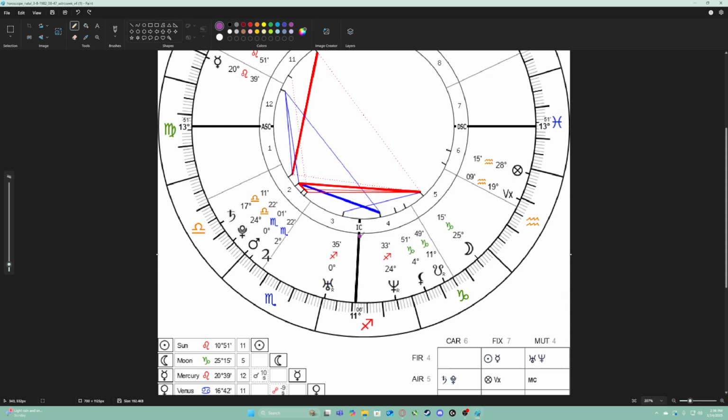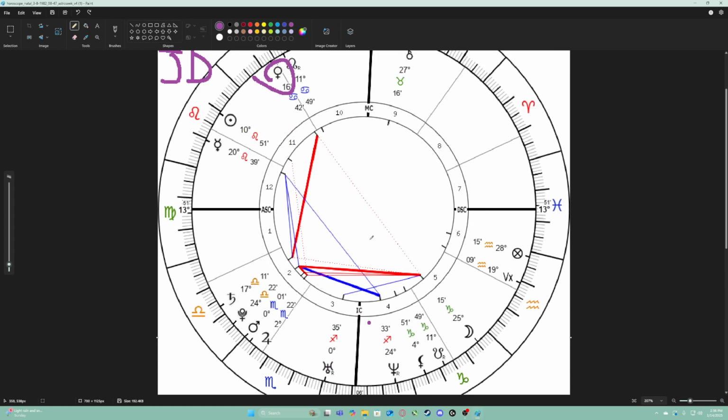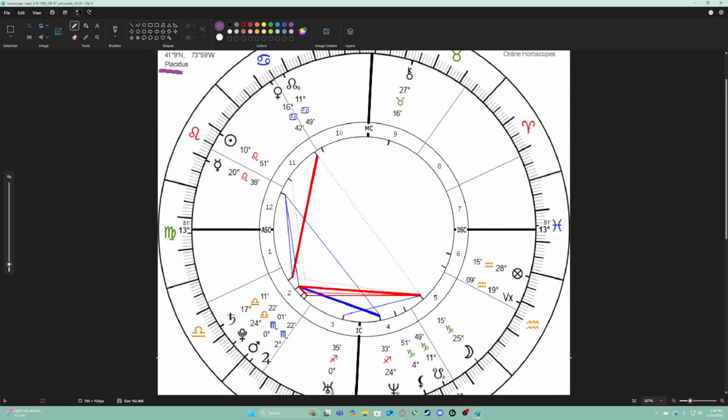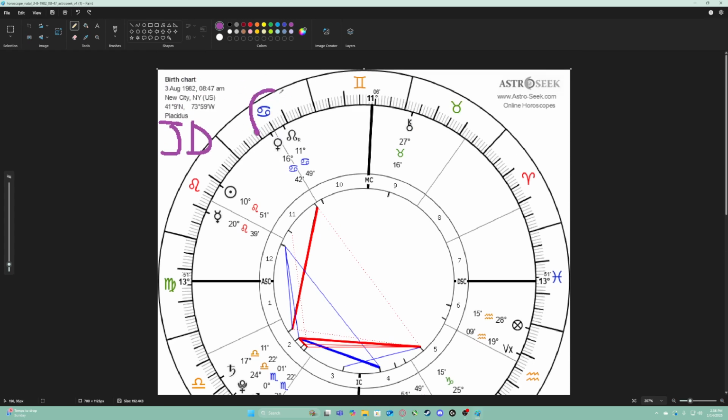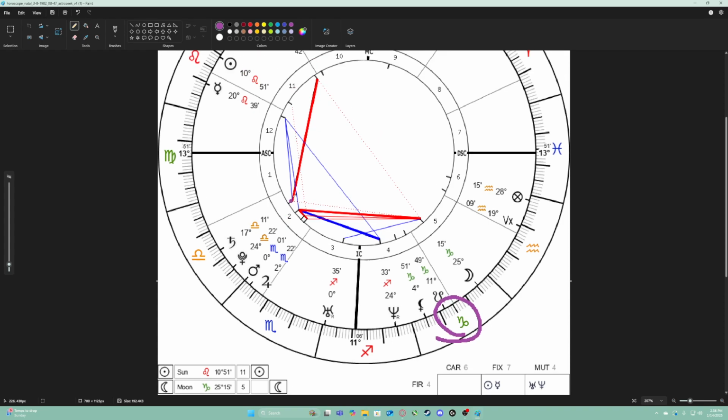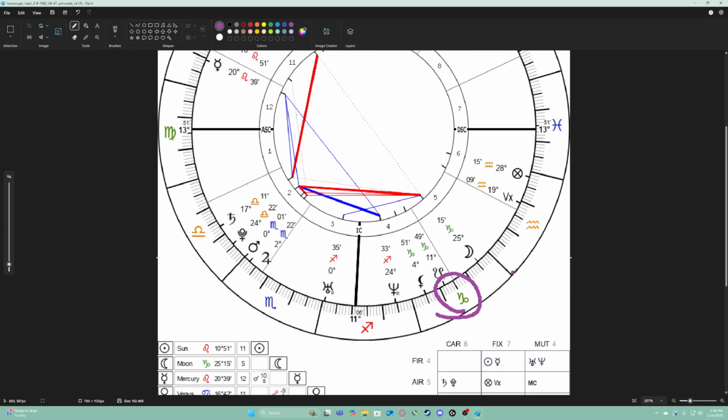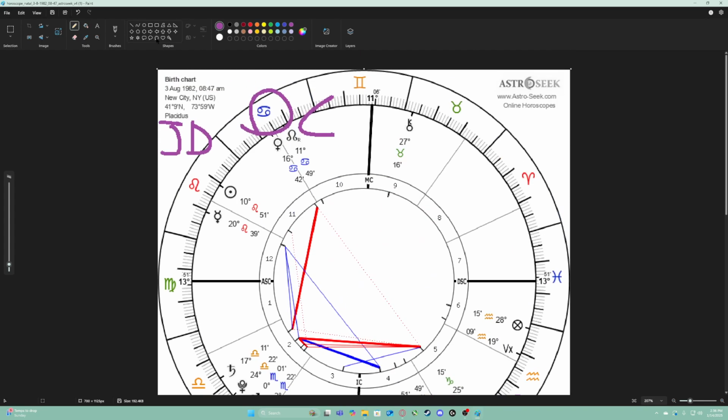Now, another trick, tips and tricks about oppositions: oppositions will always have signs of the same modality, right? Oh, I didn't mean to get rid of John Doe. Hold up. These are both cardinal, Capricorn and Cancer.